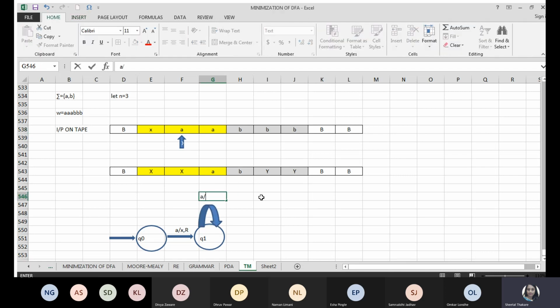So if it is A, let it be A, move to R. Similarly, if it is B, let it be B, move to R.